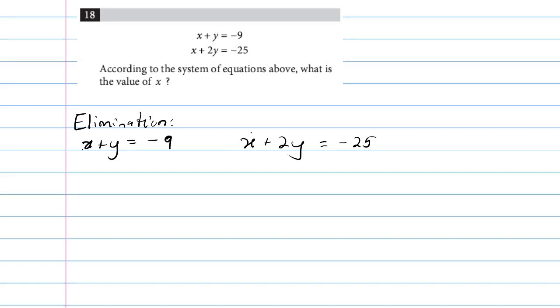Okay, so somehow you need to actually cancel some variable out. I would like to multiply the second equation by negative 1. That way I get a negative x here. So when I add these two equations, x and negative x cancel out. So I just multiply by negative 1. This is negative x, negative 2y equals 25.